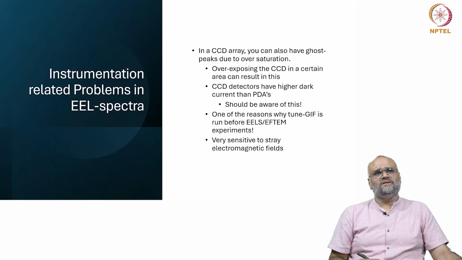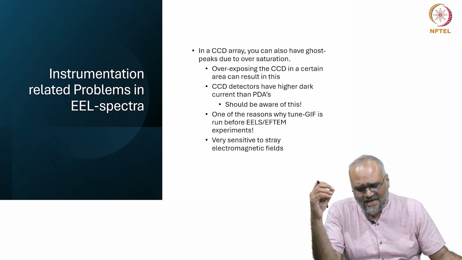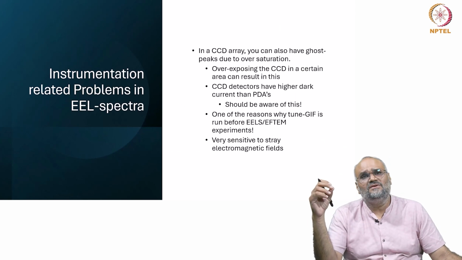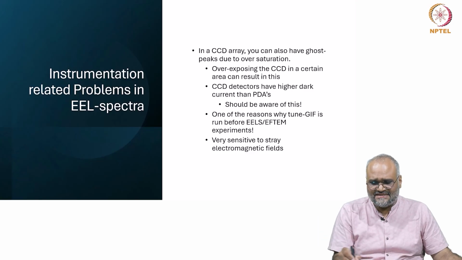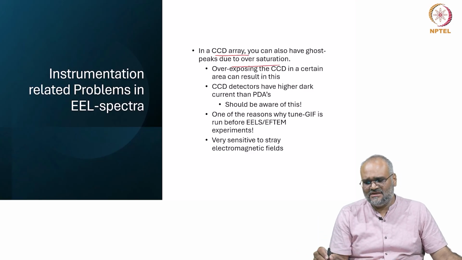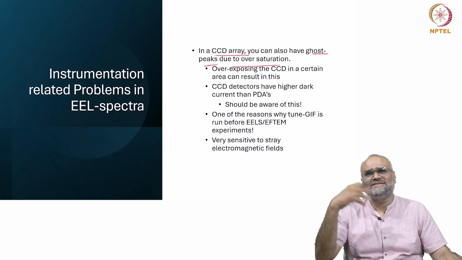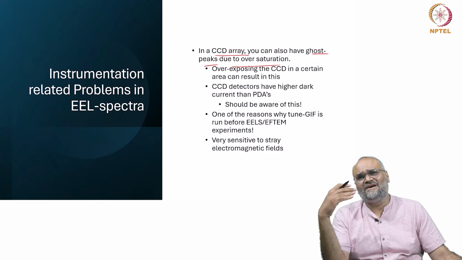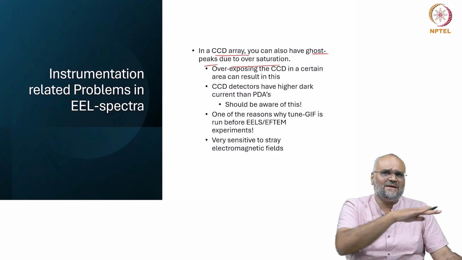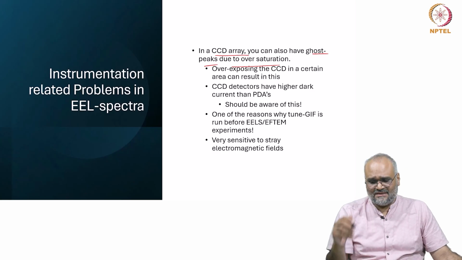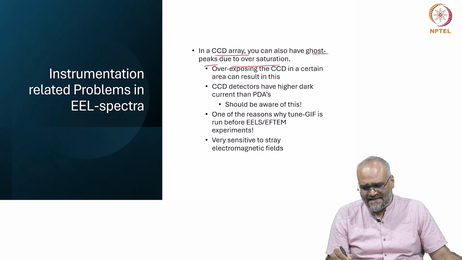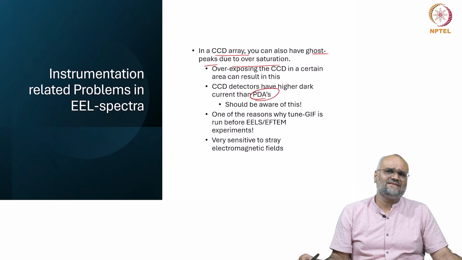So the instrumentation parameters that are related to EELS and that can give rise to problems are, in the CCD array, like I was mentioning, you can have ghost peaks due to oversaturation. So that is why the first step of normalizing the intensity at the dispersion plane is very important. In the old days, you had photodiode arrays which were used for spectrometers.